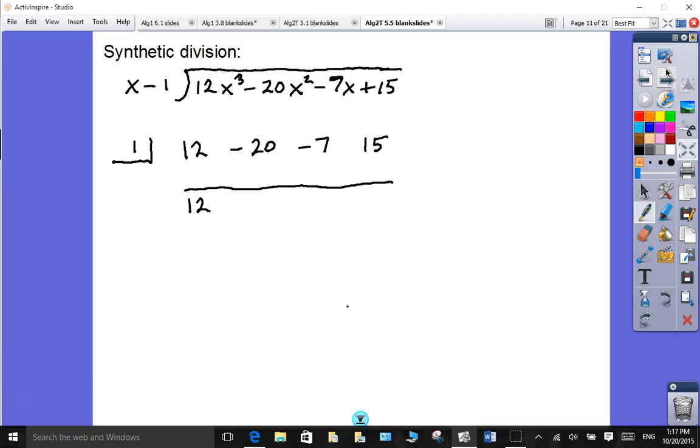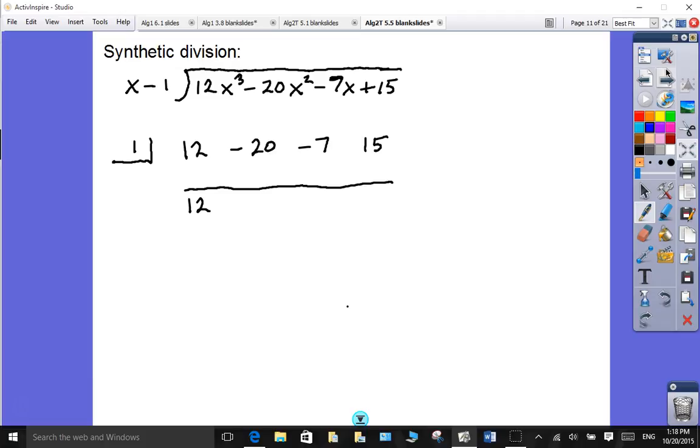So take the coefficients of the dividend, which is what we're dividing, and write them in a row right there. Then put a square bracket, or in some way put off to the side. In this case, I put a 1. Where do you think the 1 came from?